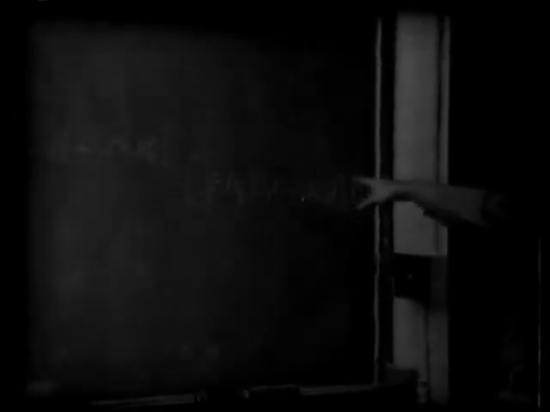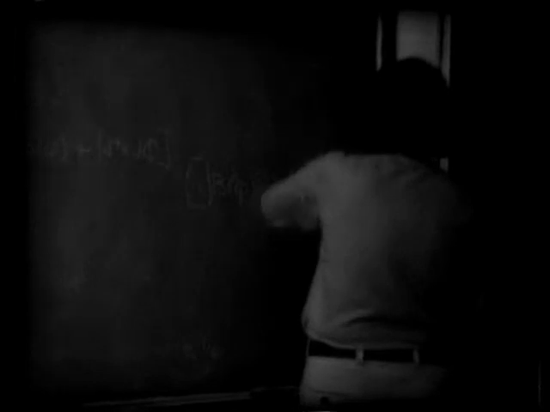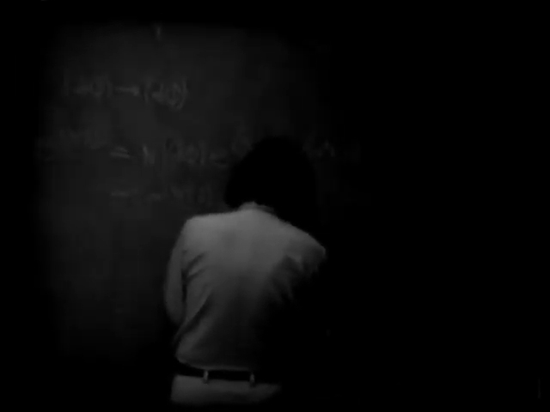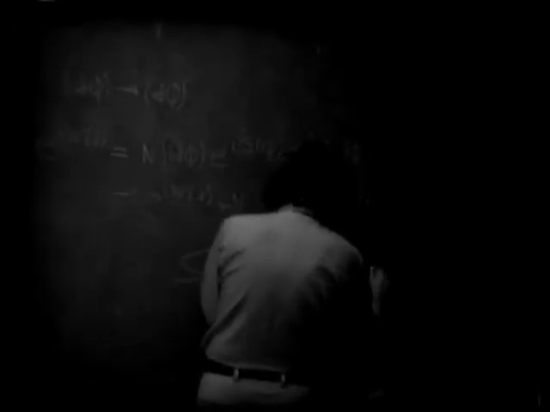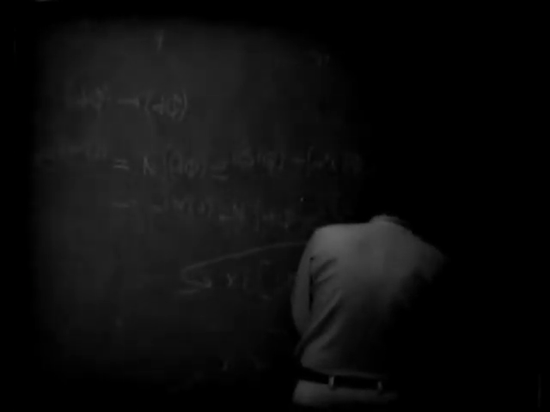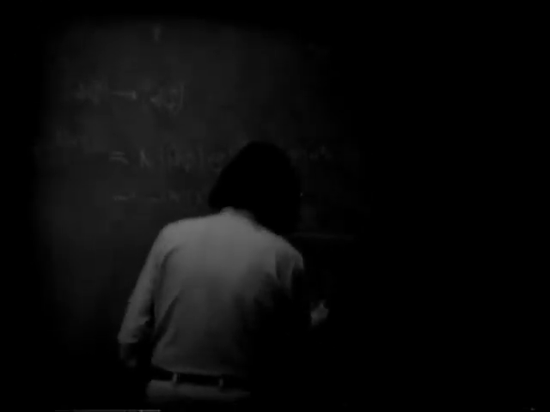Let me rewrite the whole bracket inside the integral, times i, integral d4y, b of phi delta chi plus j a of phi delta chi, d4y.